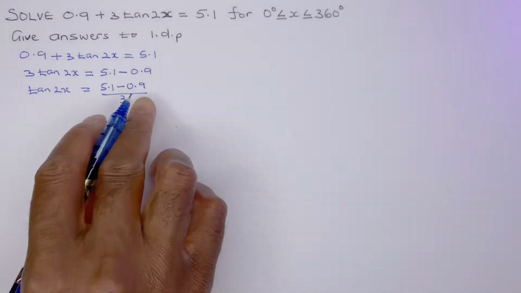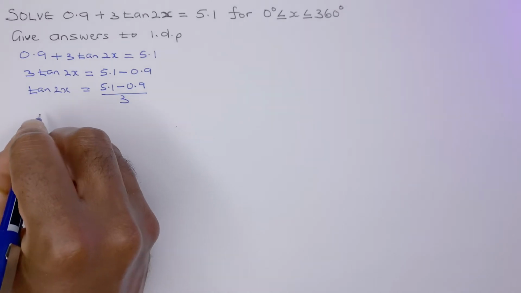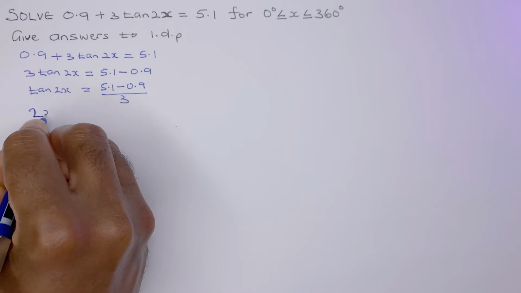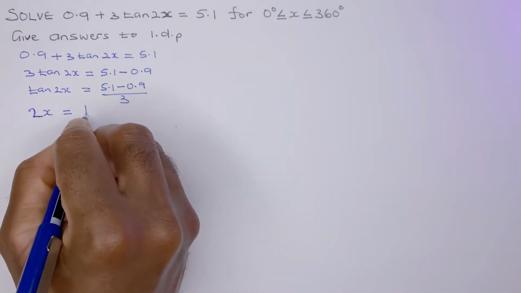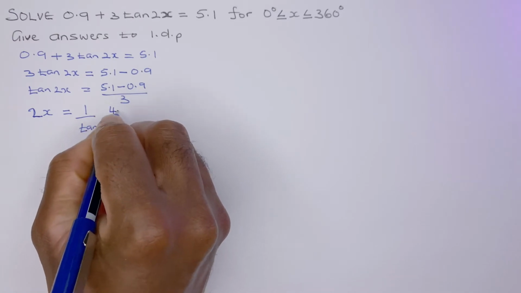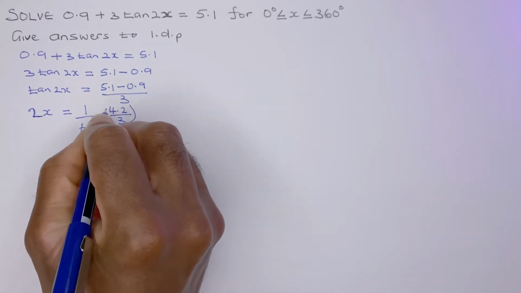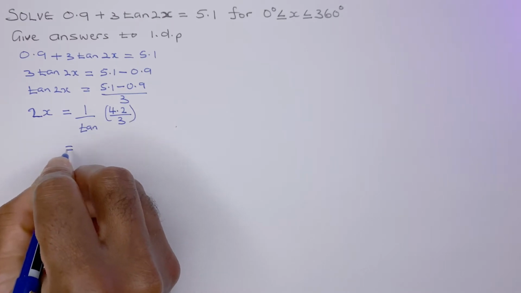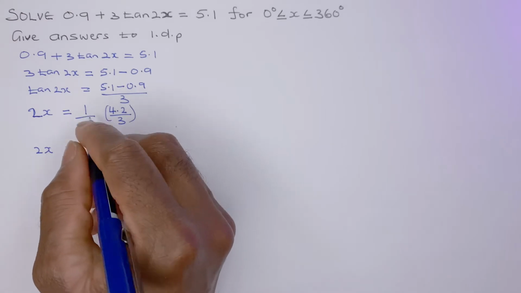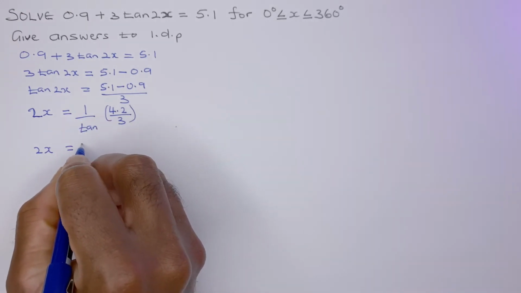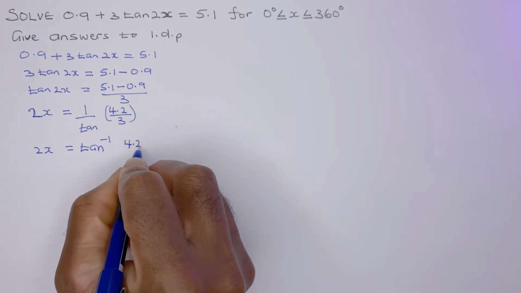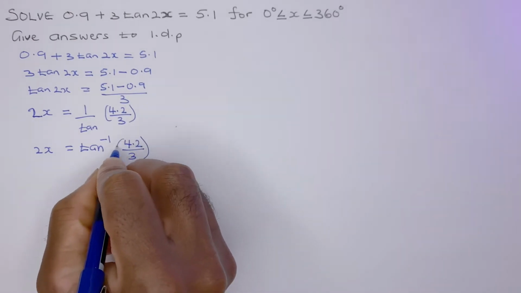Now we need to divide both sides by tan, so we get 2x equals 1 over tan, which in indices is tan to the power minus 1, of 4.2 over 3.